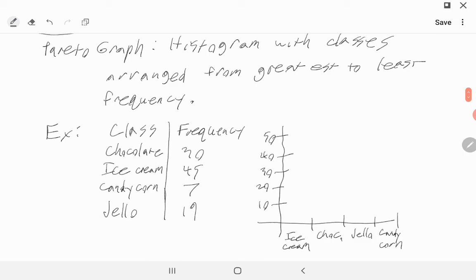We indicate ice cream shows up with frequency of 45, chocolate shows up 30 times, Jello 19 times, and candy corn 7 times. And so the only real advantage of the Pareto graph is it immediately shows you which class shows up most often, and which shows up least often.